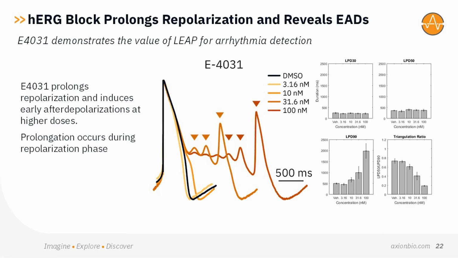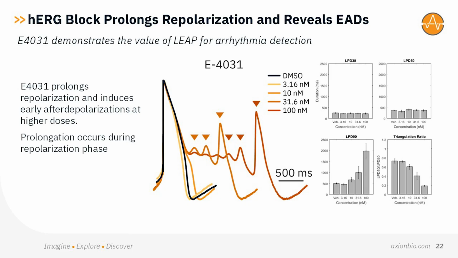We can also take a look at prolonging repolarization. A good compound to illustrate this effect is E4031, a hERG channel blocker. hERG channels contribute to repolarizing potassium currents, and blocking hERG channels is expected to prolong repolarization. In the LEAP signal, we observe this prolongation directly in the waveform. At higher doses, we also see early afterdepolarizations.